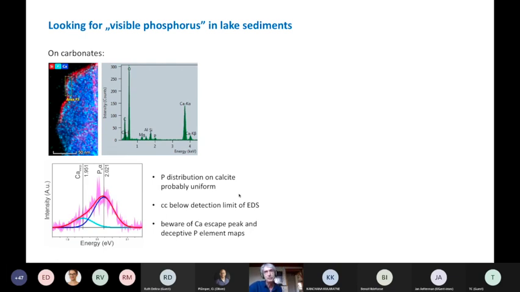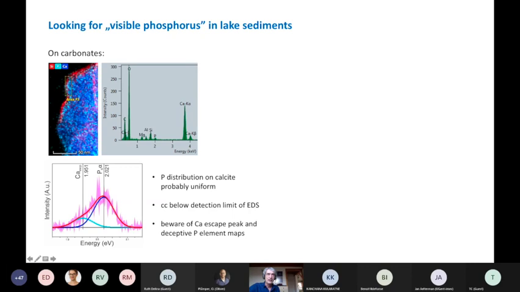Maybe 0.2 atom percent is needed. And the phosphorus concentration is just an order of magnitude lower than that. So we think that the distribution of phosphorus might be uniform on the calcite, and it's below the detection limit of EDS. So although this talk is supposed to be showing the advantages of TEM, there are some limits even to TEM in this case.